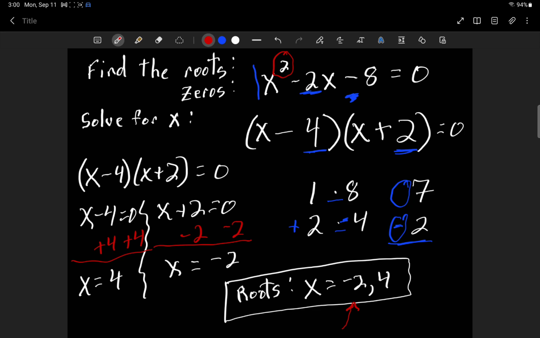So these are both solutions, but they may not be the correct answer if it's a word problem. If you're just given find the roots, these are the correct answers. Find the zeros, correct answer. Solve for x, correct answer. If you're told to solve a problem and you're given information about it, then you have to use your own critical thinking skills to determine if that solution is viable or is the answer. All right, I hope that helped.